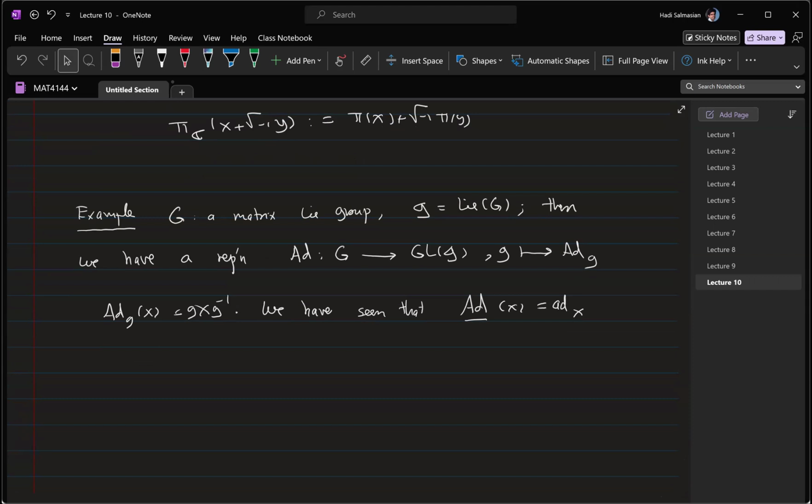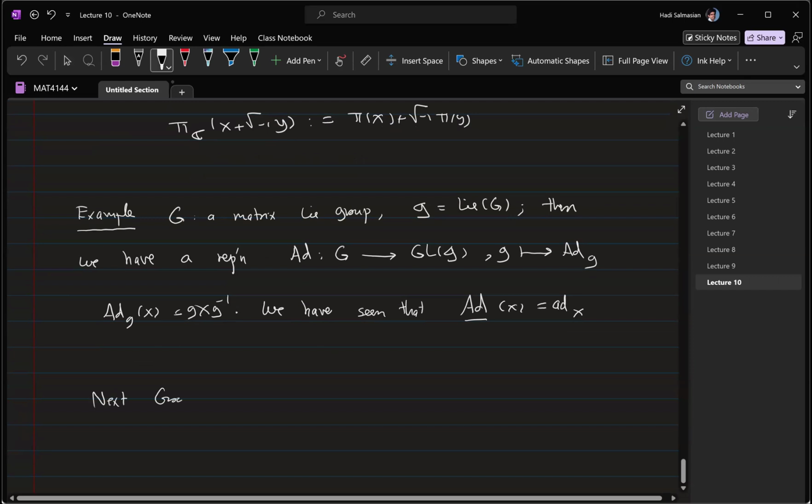So our next goal, maybe I briefly outline it: study representations of SU(2), which by now, by the exercises you've done in the assignment, you know is basically the set of matrices of the form alpha, beta, minus beta bar, alpha bar, with alpha and beta in C, and |alpha|^2 plus |beta|^2 equal to 1.